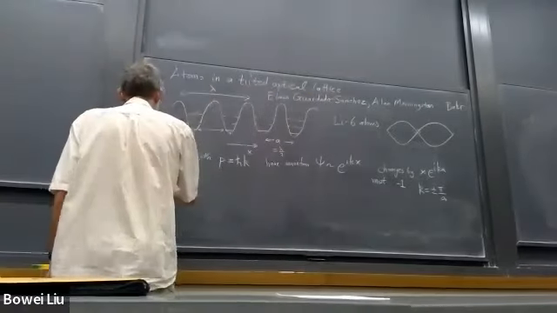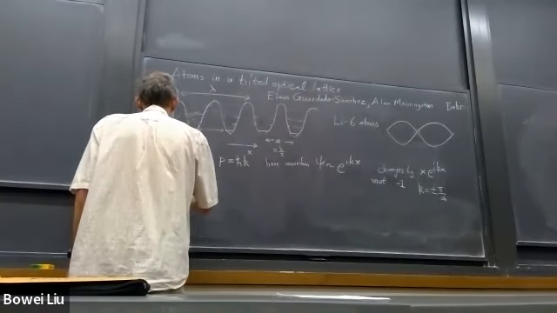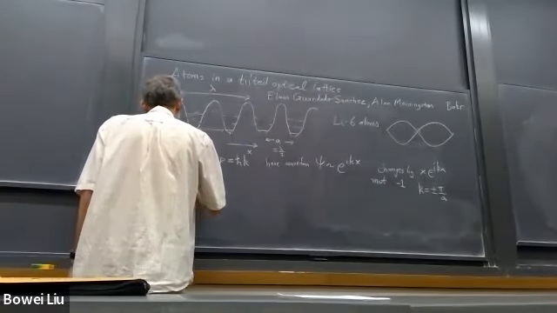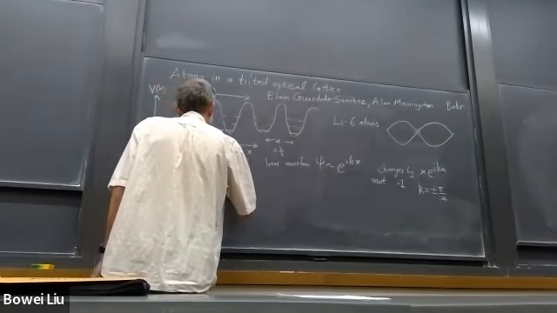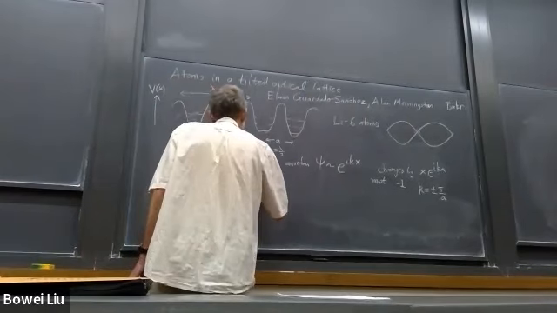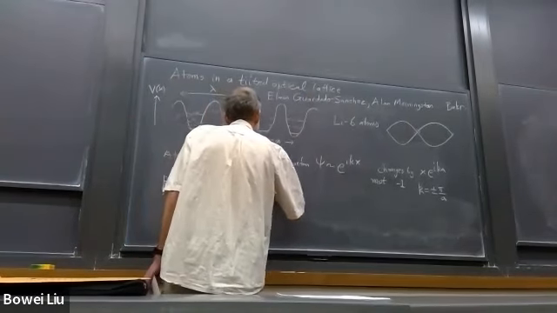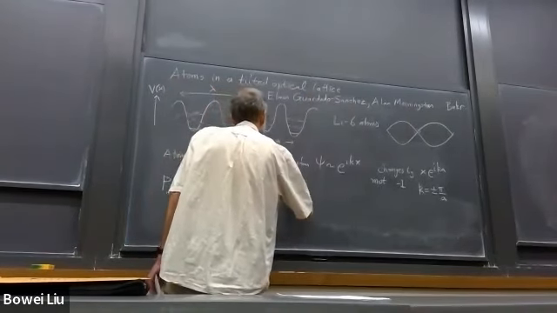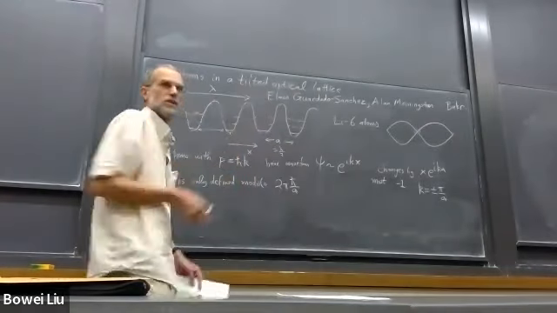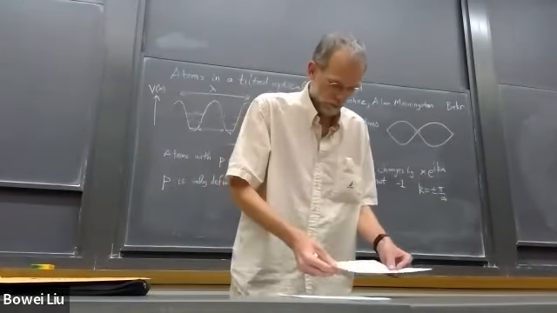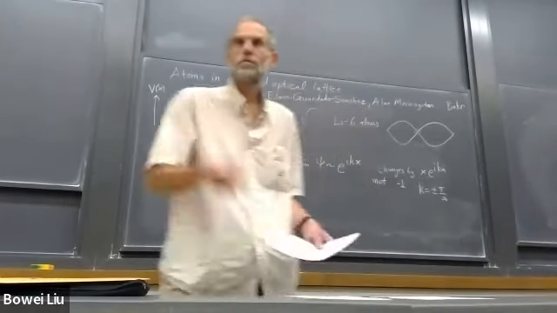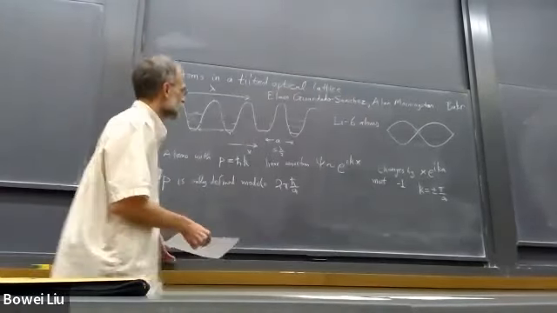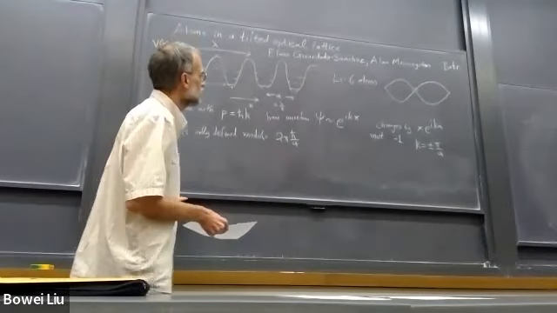So it means the momentum P is only defined modulo 2 pi h bar over a. And there's a basic fact about particles in bands and crystals, which some of you may have heard before, but I just want to make sure everybody is aware of it.